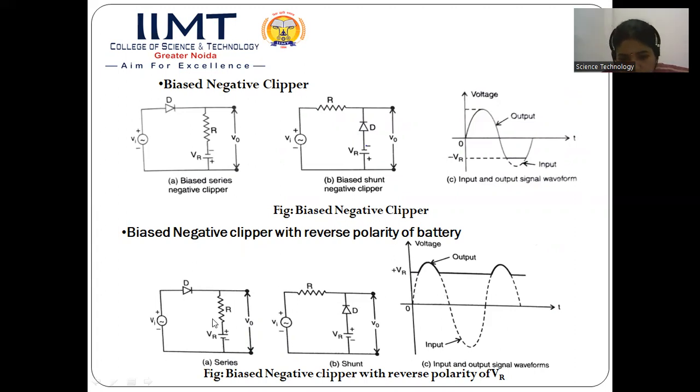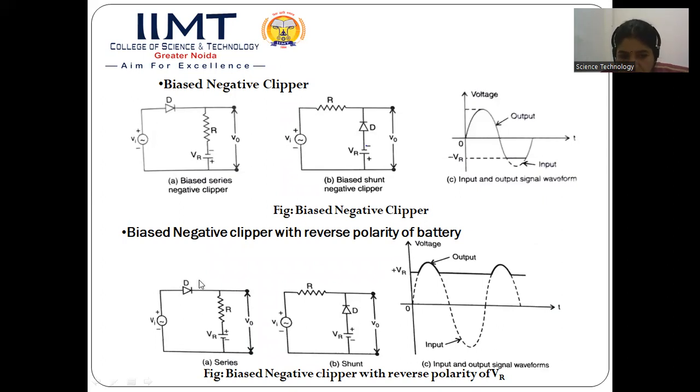And if we talk about the negative half cycle, when this polarity gets reversed, then this diode will be reverse bias. This end will become negative and this will be positive. So this diode is in the reverse bias, and as per VR this is also in the reverse bias.